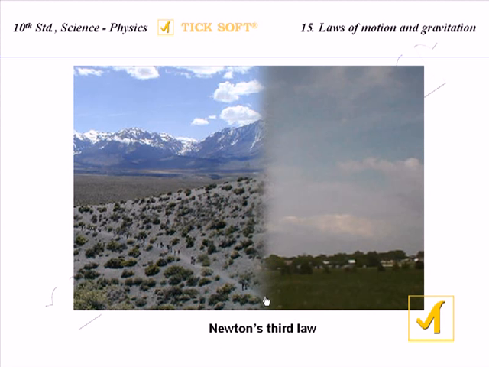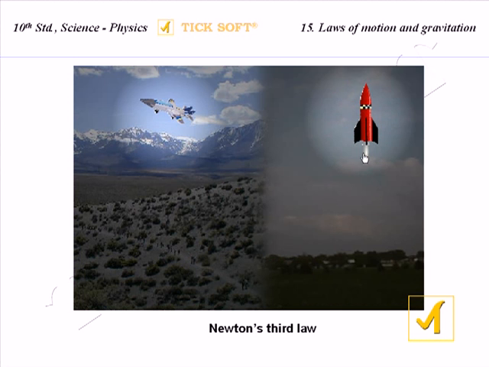Now see some examples of Newton's third law. The rocket moves through the atmosphere, to the moon or some other planets, because of Newton's third law. Here the force is exerted in the downward direction and the rocket moves in the upward direction.